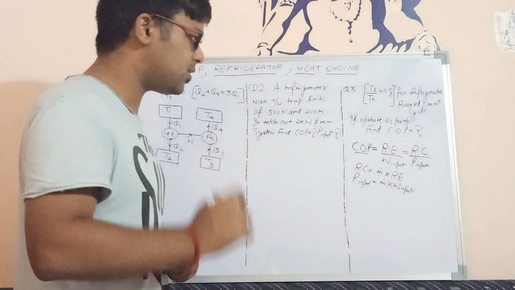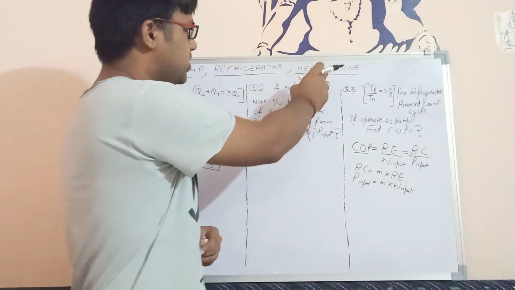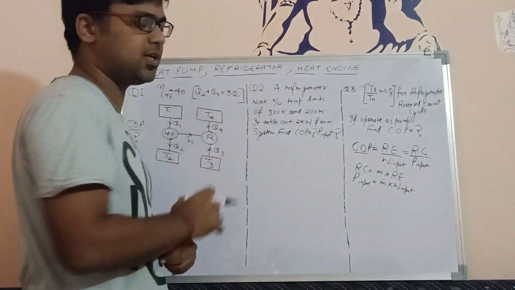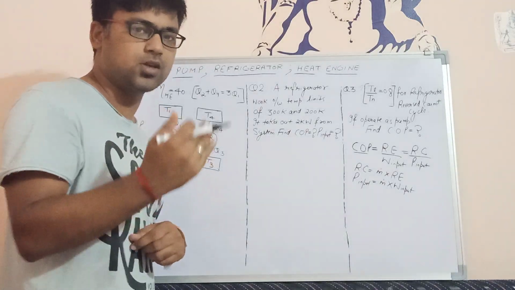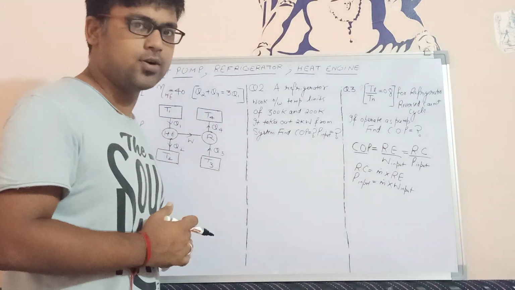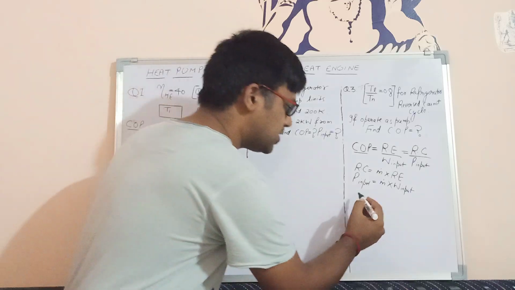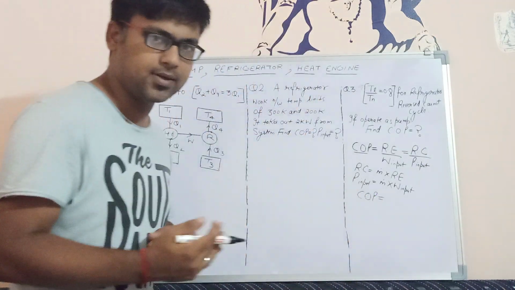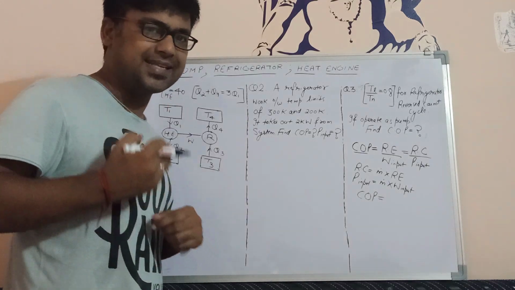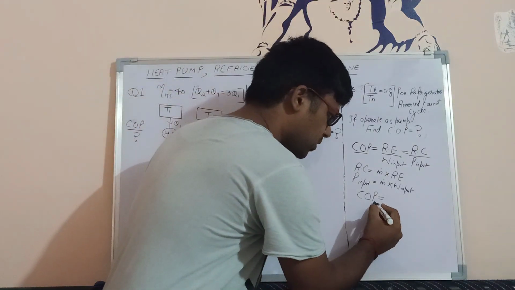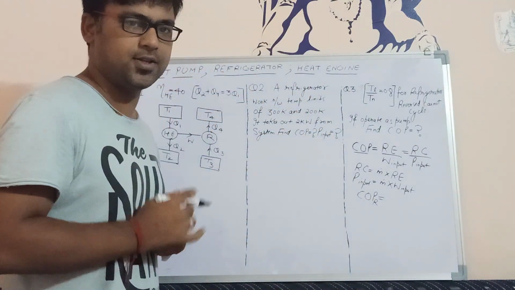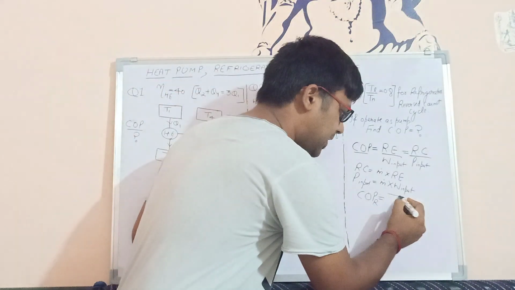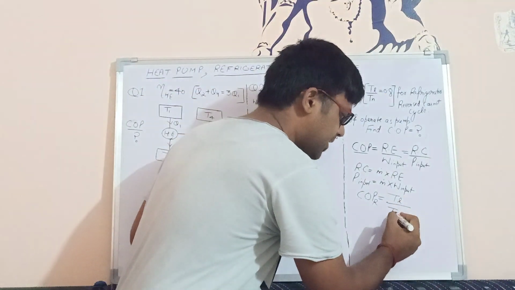Other than that, both the refrigerator as well as the heat pump work upon the reverse Carnot cycle. A reverse Carnot cycle operates between two temperature limits. If it works as a refrigerator, then the formula of COP of refrigerator is TL upon TH minus TL.